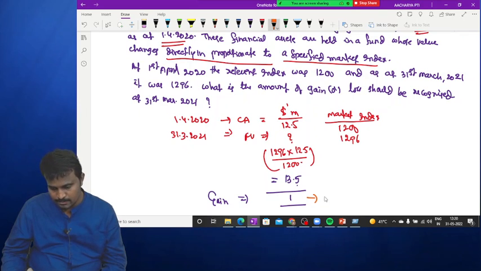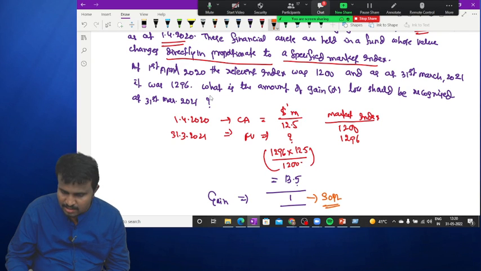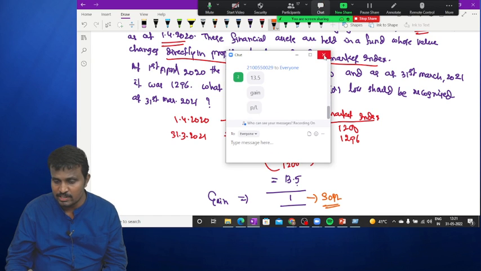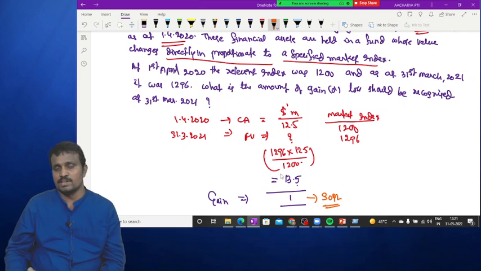Statement of profit and loss, because it clearly follows fair value through profit and loss. Is it okay, everyone? Yes, sir.